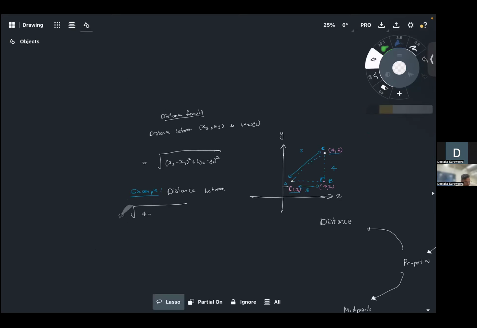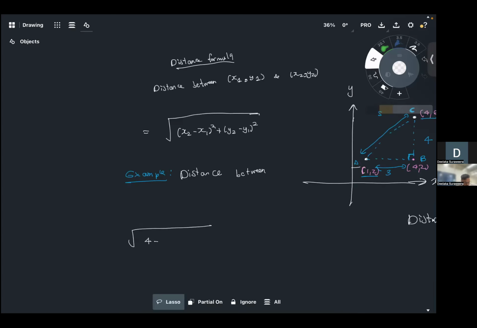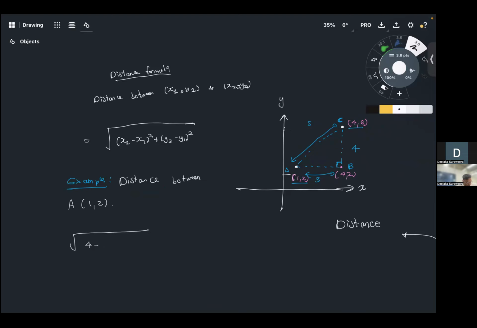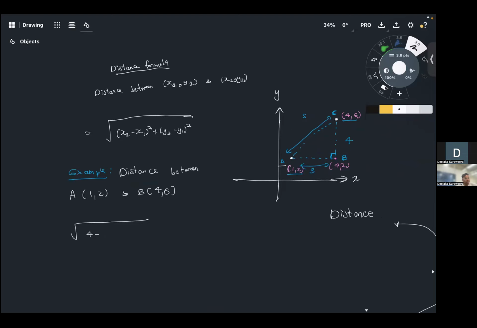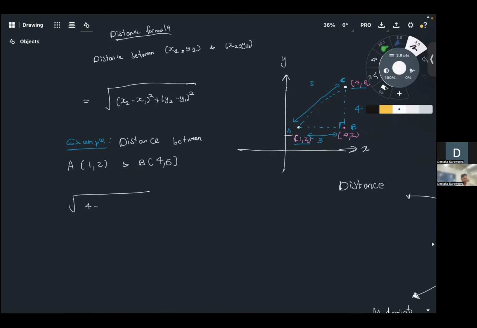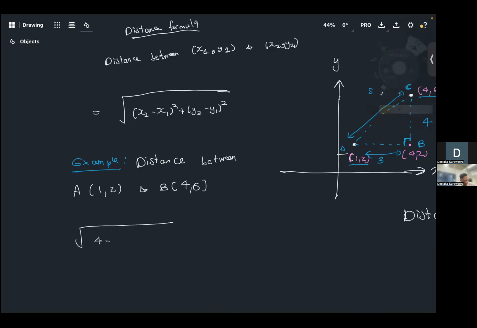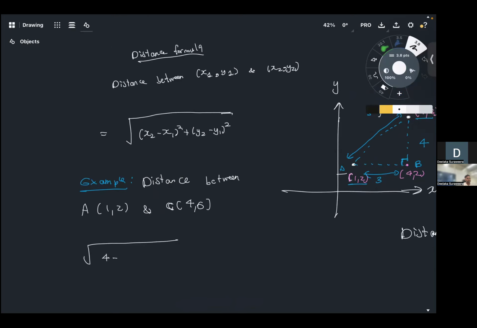The example I'm doing is the distance between A, which is 1, 2, and C, which is 4, 6. Are you following the formula? You don't need to understand it, but you know what it means, right?